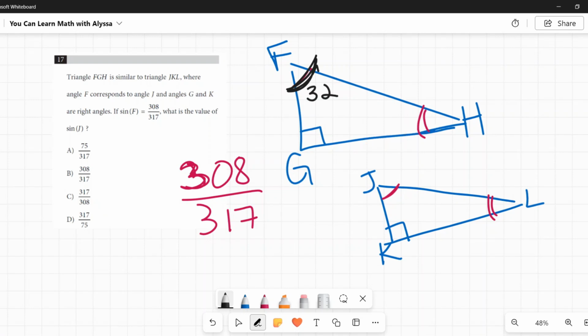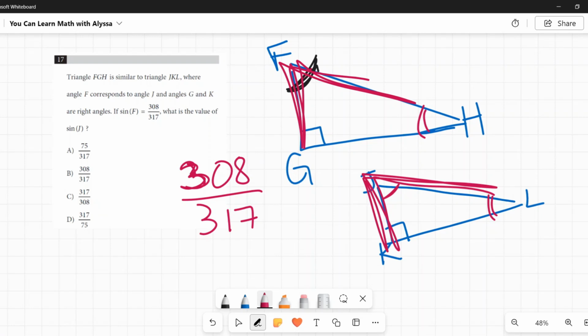So again, same angles are going to have the same sine value no matter what size that triangle is. They're telling us the sine of F. I don't know what F is, but it doesn't matter because I know F and J are the same angle.